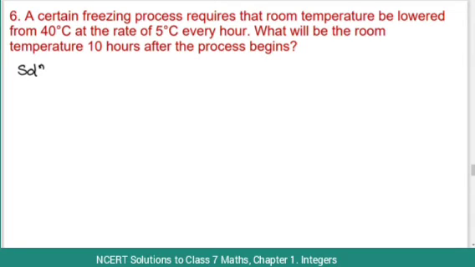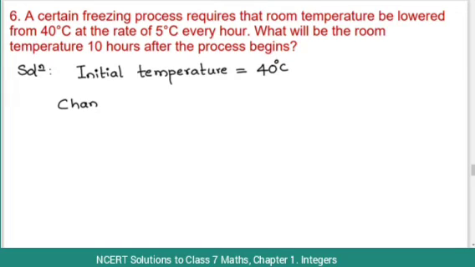Solution. Here initial temperature is given as 40 degrees Celsius. So write initial temperature is equal to 40 degrees Celsius and change in temperature per hour. Change in temperature per hour is how much? 5 degree Celsius.